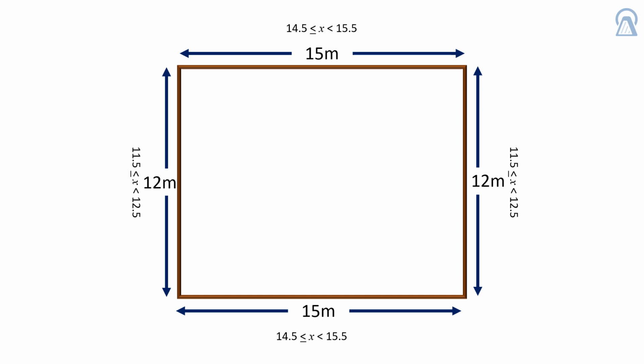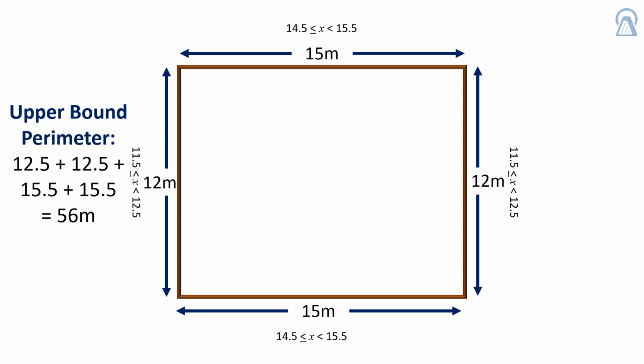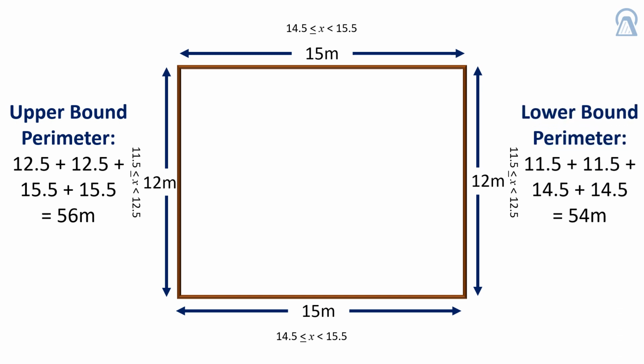The maximum perimeter would be found by adding all the upper bounds. So 12.5 plus 12.5 plus 15.5 plus 15.5 is equal to 56 meters. If we wanted to find the lower limit of this perimeter, we would add the 4 lower bounds to get 54 meters. A difference of 2 meters.